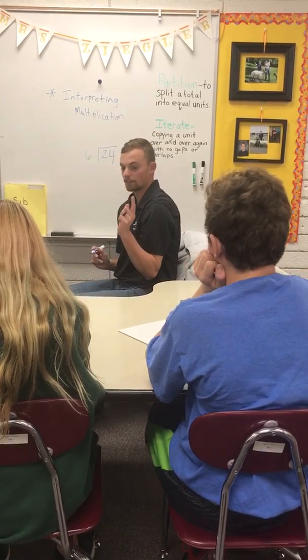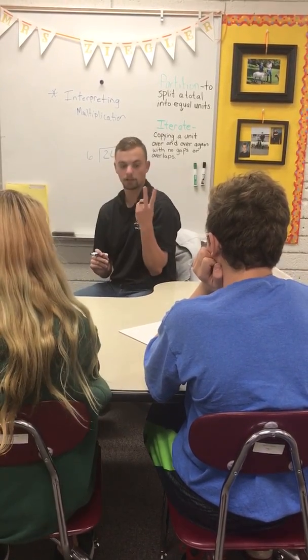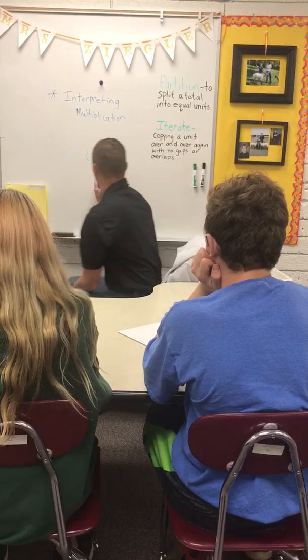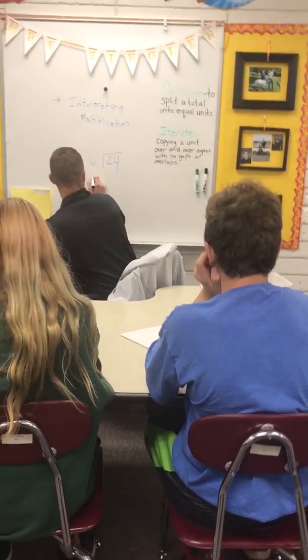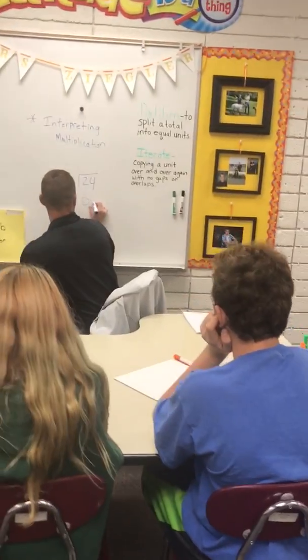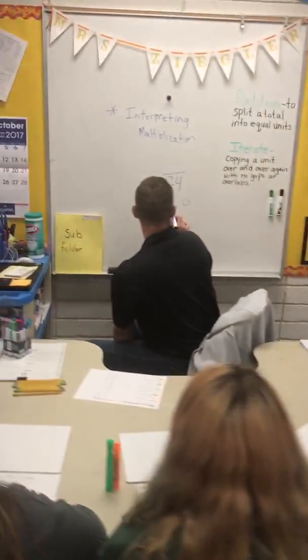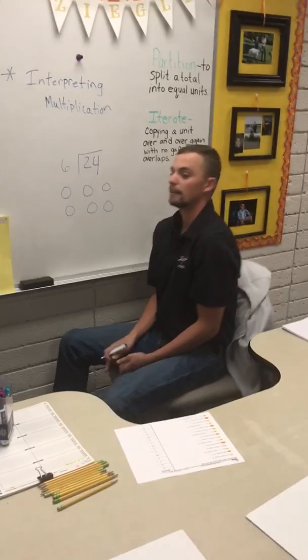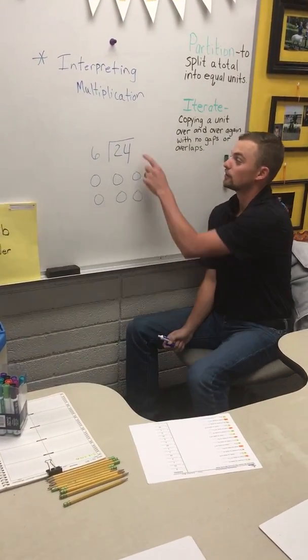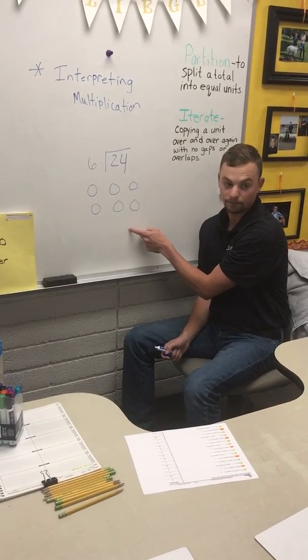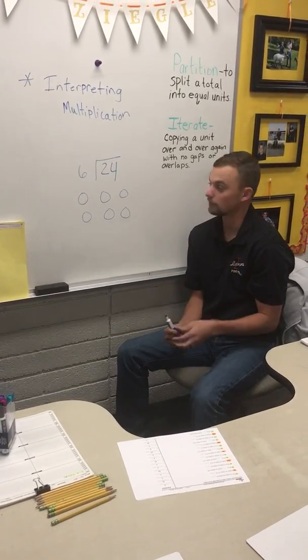The method that we will use, there are 2 different methods that I'm going to allow you to use today. First one is you can use 6 parts: 1, 2, 3, 4, 5, 6. These are your 6 different parts. You're going to take 24 and divide it equally. That's option 1.